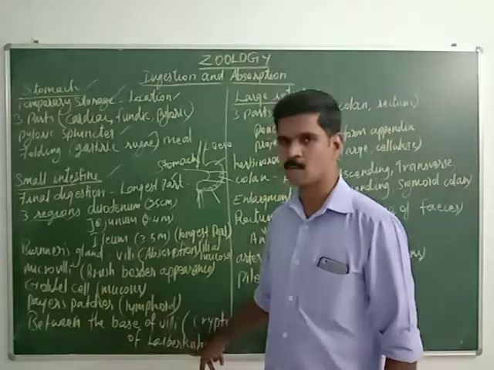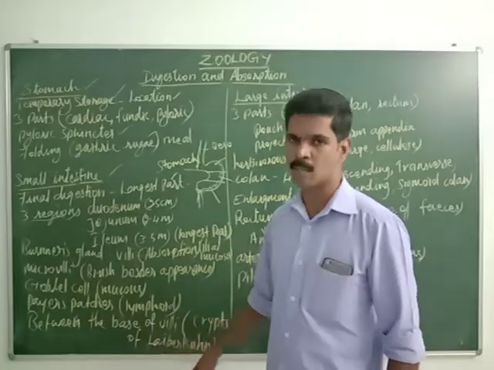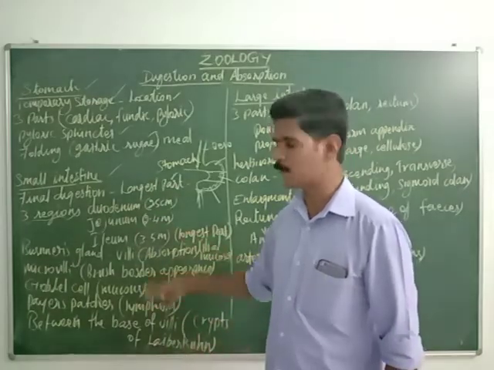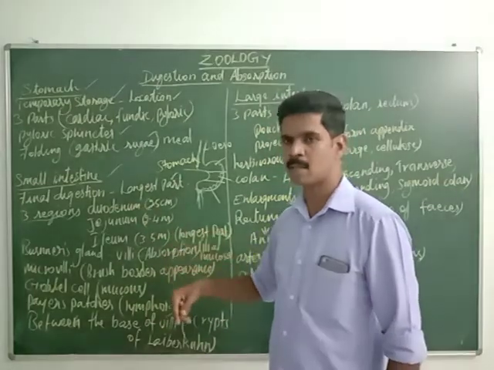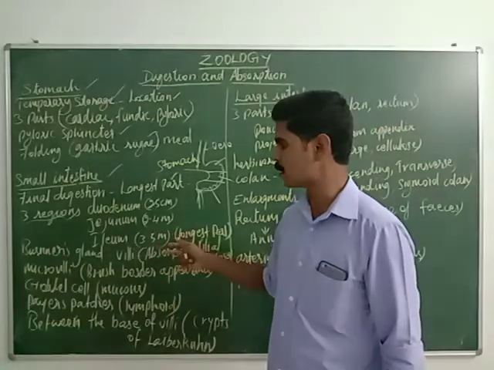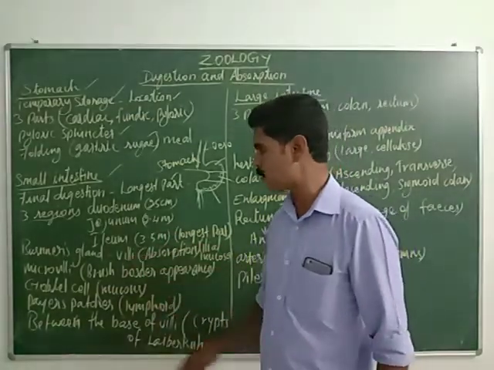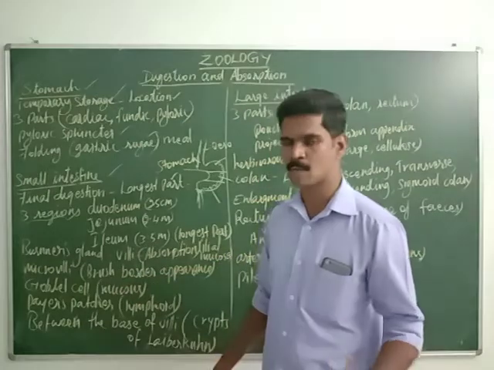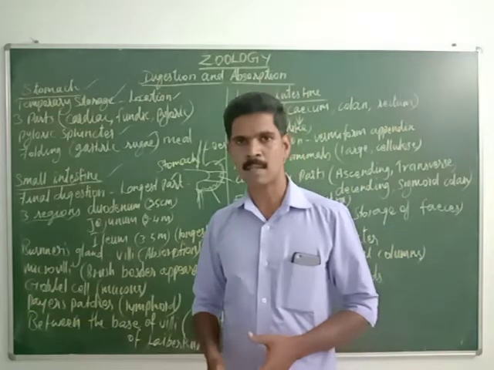This is also one more question. Hope you all understood all the points about the small intestine. Many one-mark questions are here, for example: the longest part of the alimentary canal, the longest part of the small intestine, the location of Brunner's gland, the location and uses of goblet cells, and the lymphoid organ present in the small intestine.